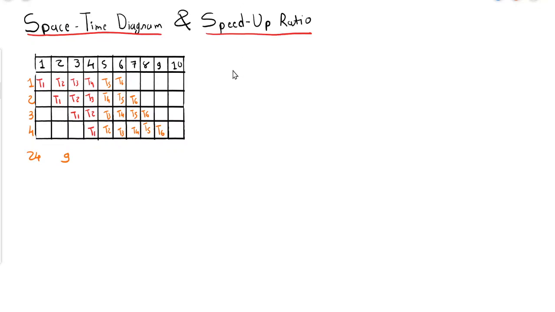So what is the speed-up ratio, and what will be its value? Let's say we have a non-pipeline system, and each task requires tn seconds.